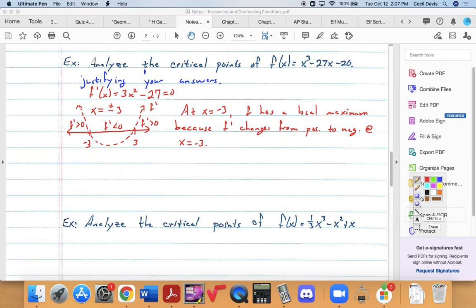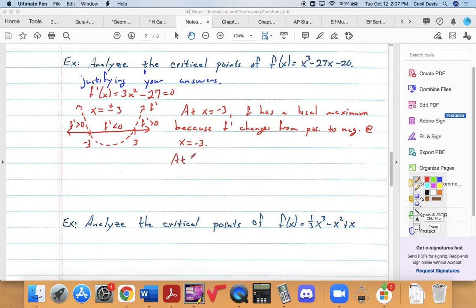If you want to get super anal about it, although I don't think they have ever taken off for this, and I certainly don't, it would be f prime changes from positive to negative at x equals -3 as x is moving from left to right. Because you could theoretically move right to left.